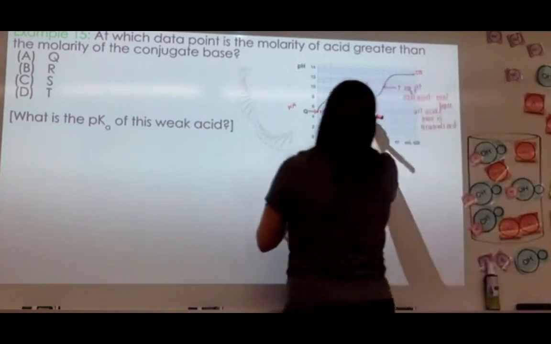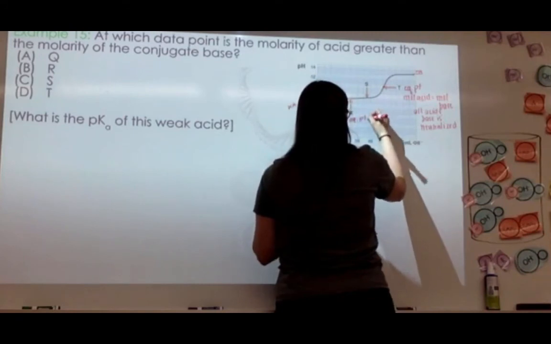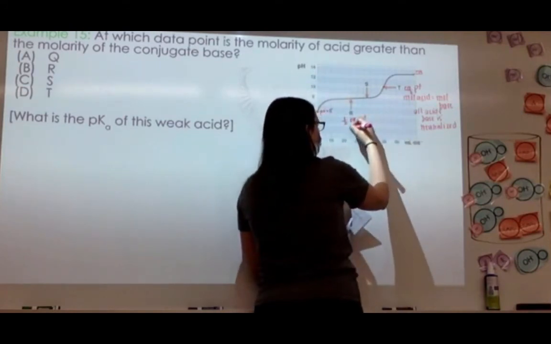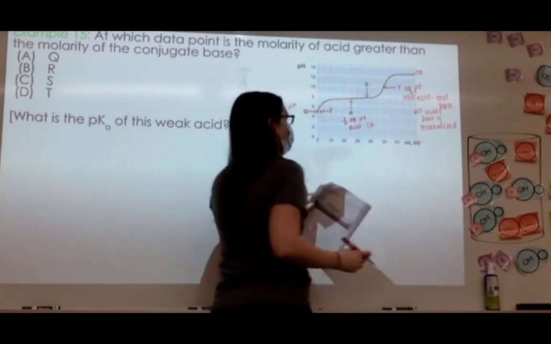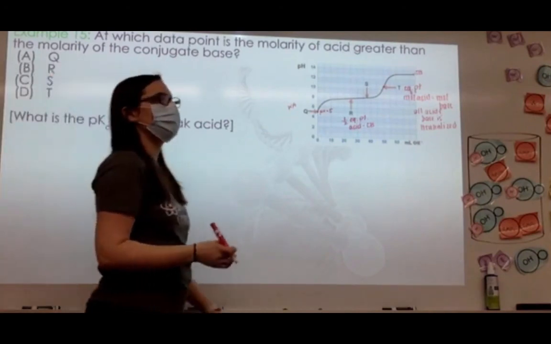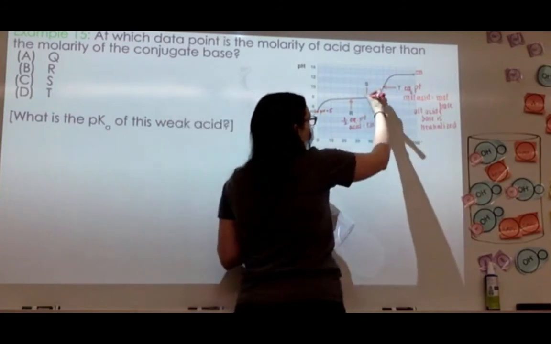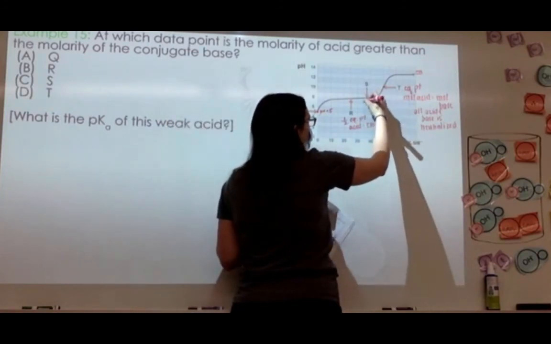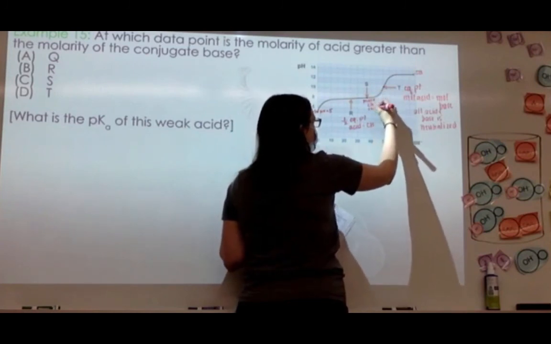Point R, this is the half equivalence point. The half equivalence point is where acid equals conjugate base. The importance of the half equivalence point is where the acid is equal to the conjugate base. Point S, we have more conjugate base than acid.